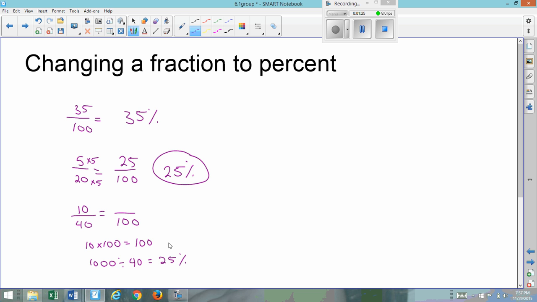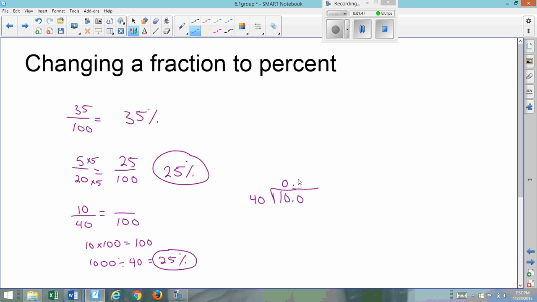Okay, now it works out all right, but sometimes you're not going to be able to get it to go into it evenly, and it's not going to be nice and pretty. So what you should do is do top dog in the house, which this time would be 10 divided by 40. 40 does not go into 10.